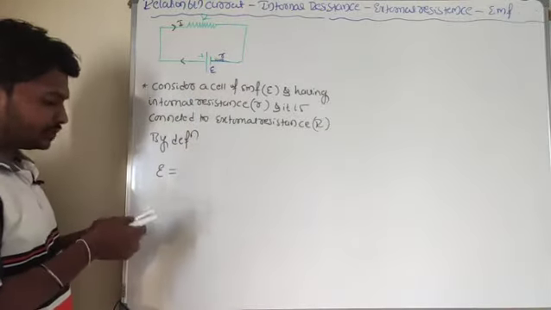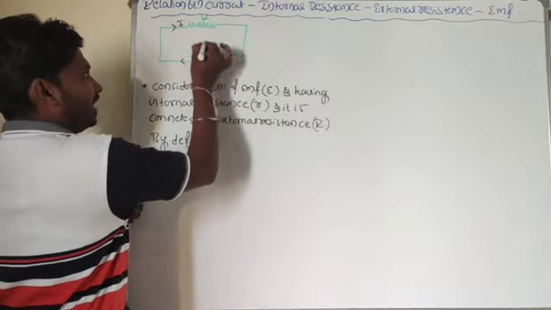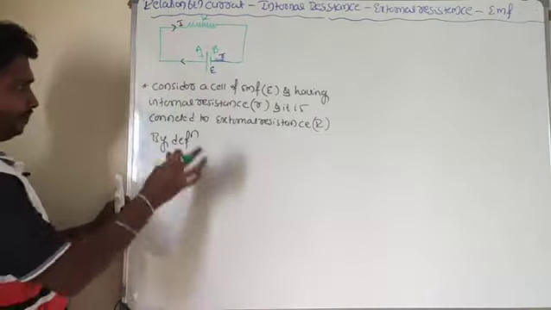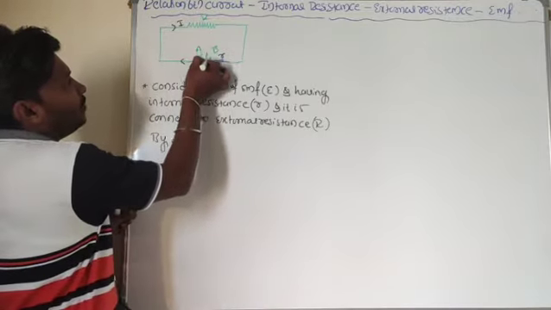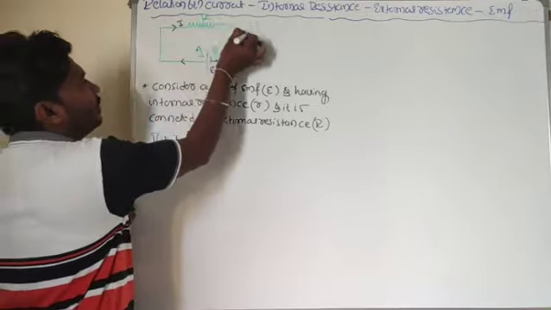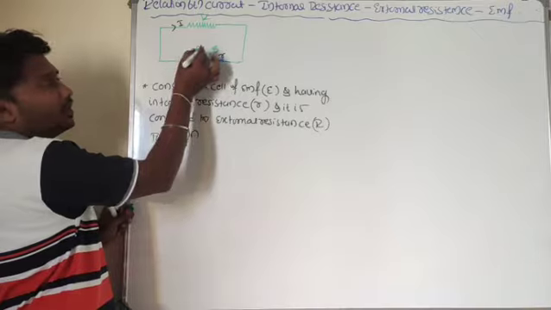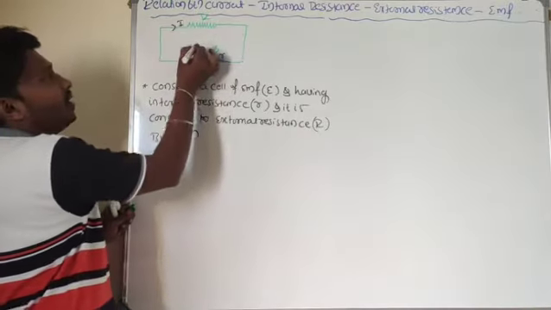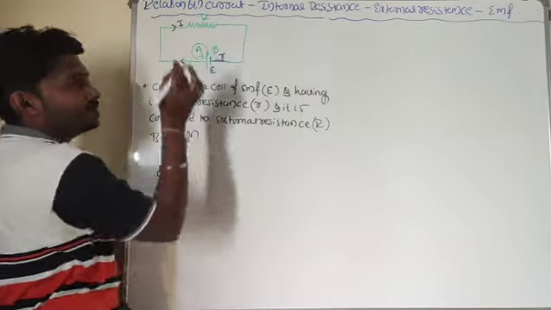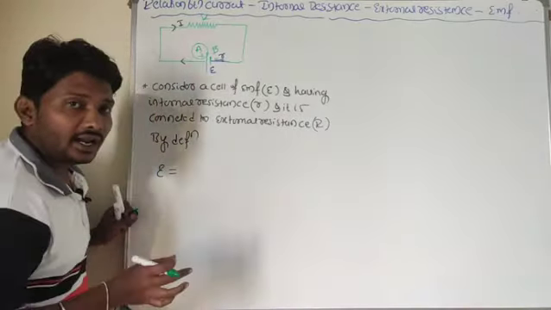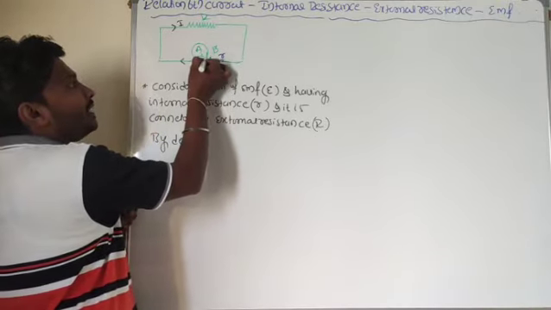Let me choose two points here. The positive terminal I can take as point A and the negative terminal as point B. In order to complete the circuit, electrons move from the positive terminal to the negative terminal. So first, the work done to bring unit positive charge from A to B.